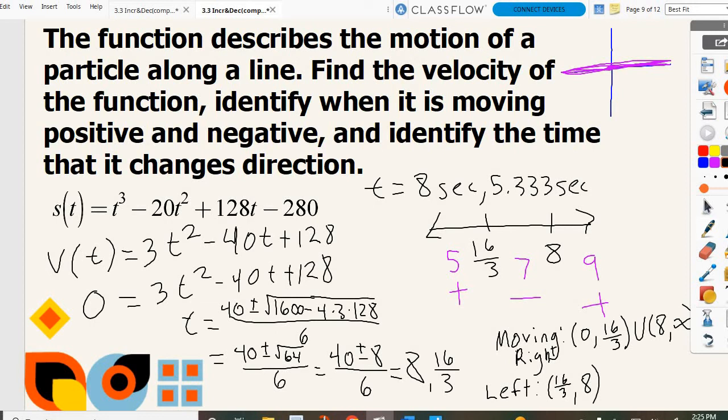Whenever we create a coordinate plane, we are just deciding what those axes mean. Conventionally, do we normally put position on our y-axis? Yes. Does that mean it has to be? No. Just like when it says positive and negative, technically, if I wanted to define moving right as negative, I could. It's not what we conventionally do, but it's whatever the problem defines it to be. Does that make sense? Yes.